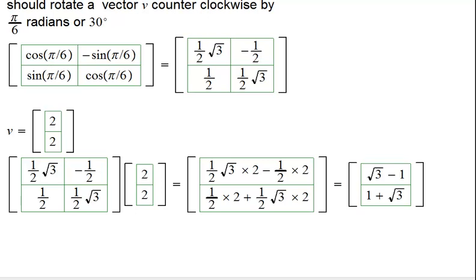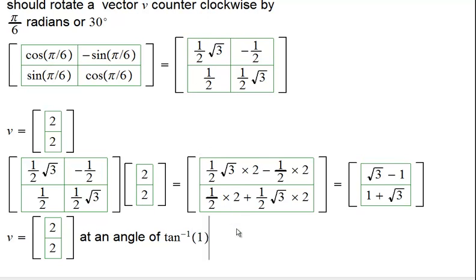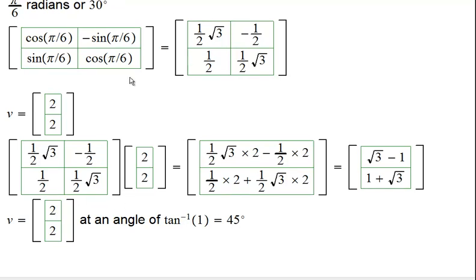As we have this vector at an angle of tangent inverse of 2 over 2, which is tangent inverse of 1, and that of course is 45 degrees if we take that in degrees. Okay, so let's look at the output here, or the resulting vector.